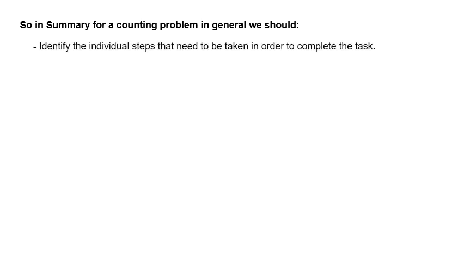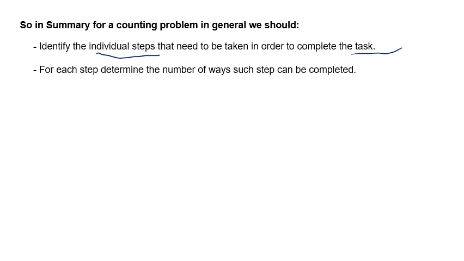So in summary, for a counting problem in general, we should identify the individual steps needed to be taken in order to complete the task. The individual steps: choosing the salad, choosing the drink, picking the first letter, the second letter, the third letter, picking the digit.